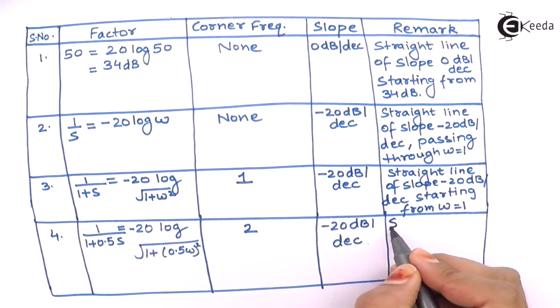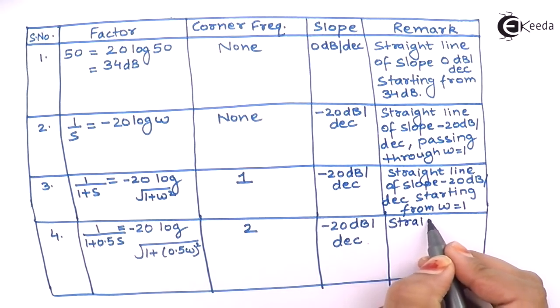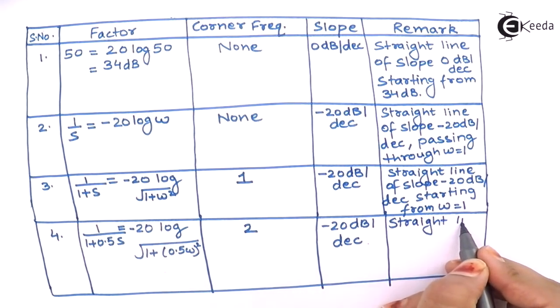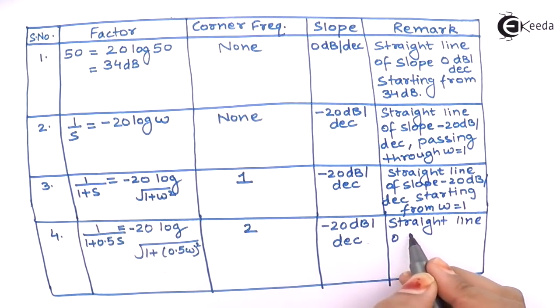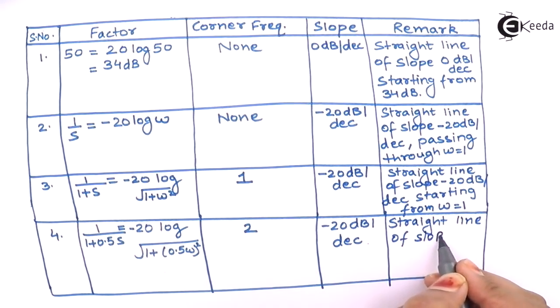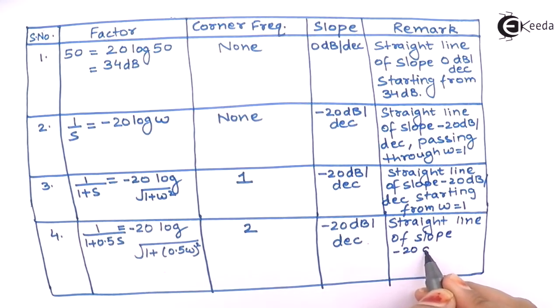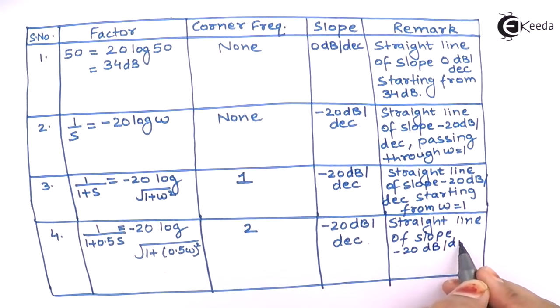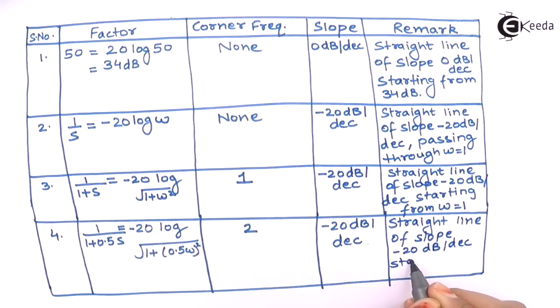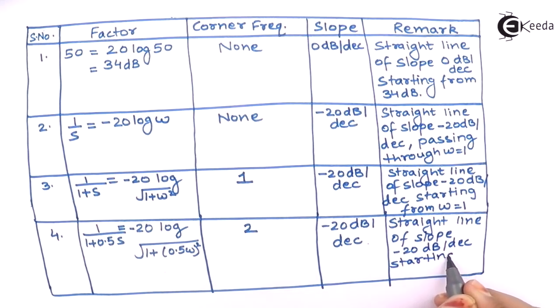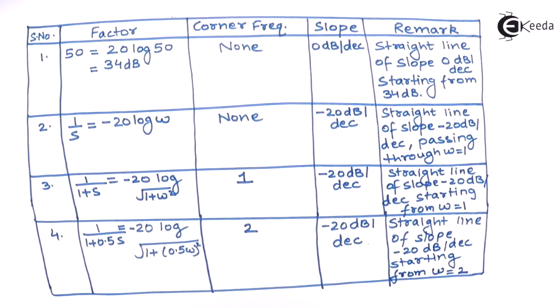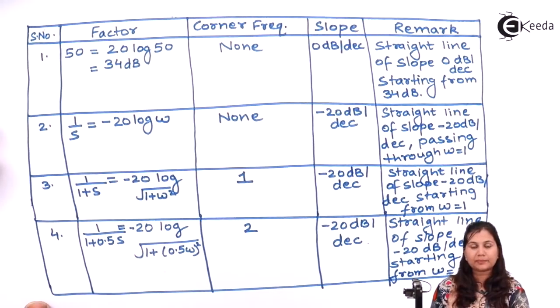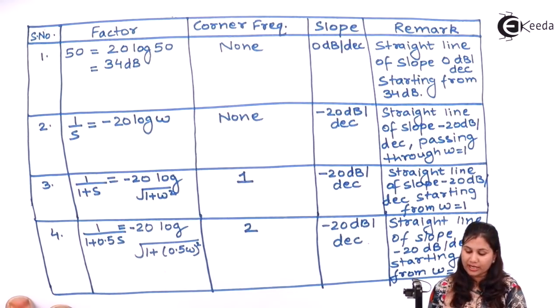So it will be a straight line of slope minus 20 dB per decade starting from omega equals to 2.